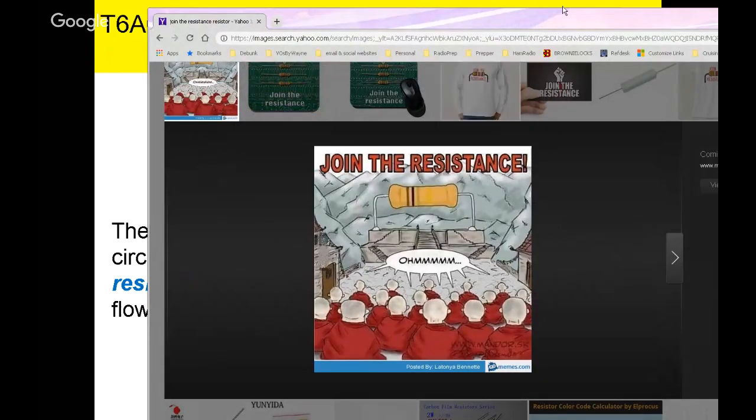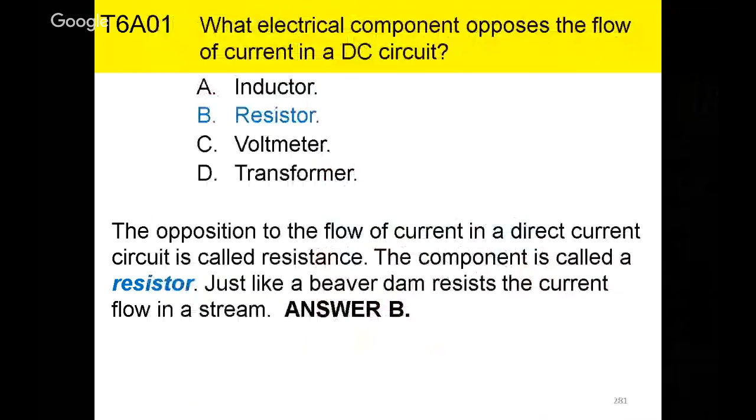Om, om, om. And I love that little cartoon. It shows a resistor and all these bald-headed guys doing their little ohm thing, and that's what a resistor does. It opposes the flow, or it actually kind of almost regulates in a way the flow of current in your circuit. Just like a beaver dam may resist the current flow in a stream, that's what a resistor does. And it's measured in ohms. We're going to learn that as well.